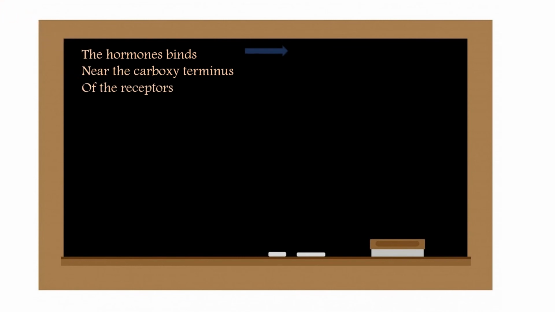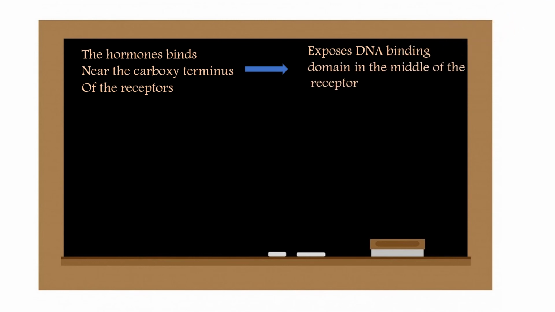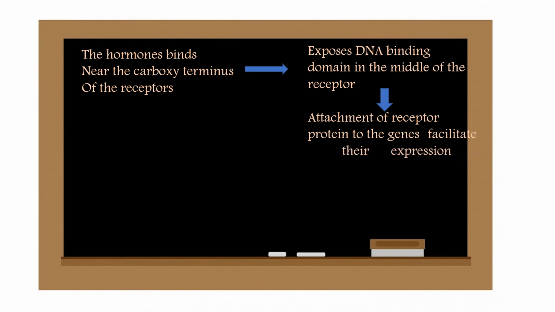See the action in detail. The hormone binds near the carboxy terminus of the receptor, which exposes the DNA binding domain in the middle of the receptor, causes attachment of the receptor protein to the gene and facilitates its expression.